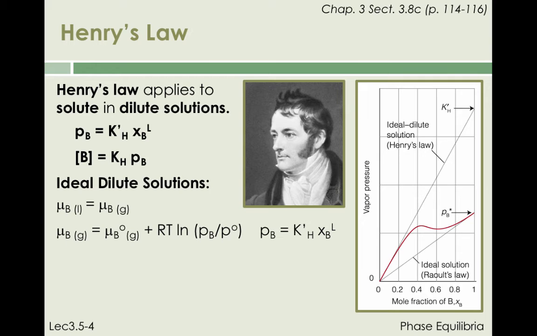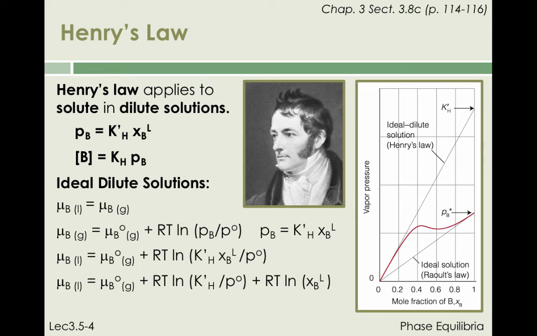Making use of Henry's law, we relate the partial vapor pressure P sub B to the mole fraction of B in solution and to Henry's constant, here K prime sub H, and obtain mu Bl, chemical potential of the solute B in solution, equal to mu Bg standard, plus RT times the natural log of K prime sub H times XBL divided by P standard, where we have replaced PB by K prime sub H times XBL.